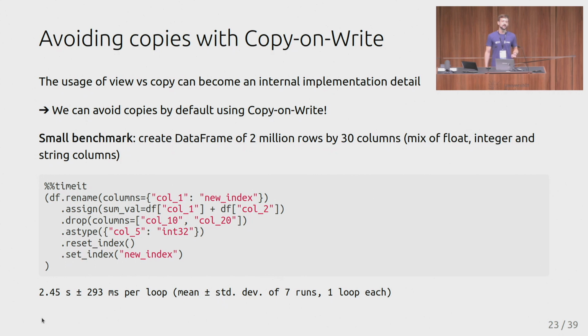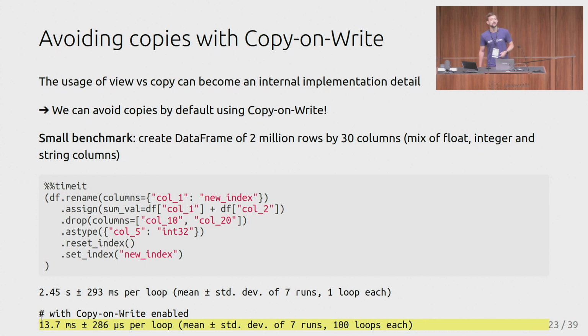And as a result, it takes about 2.5 seconds to run. With copy on write, Pandas under the hood is tracking what data frames are sharing values and what data frames are not, and it's making copies only when necessary. And so with copy on write enabled, actually not a single one of these requires a full copy of your data. And as a result, with copy on write, this now runs in about 14 milliseconds instead.